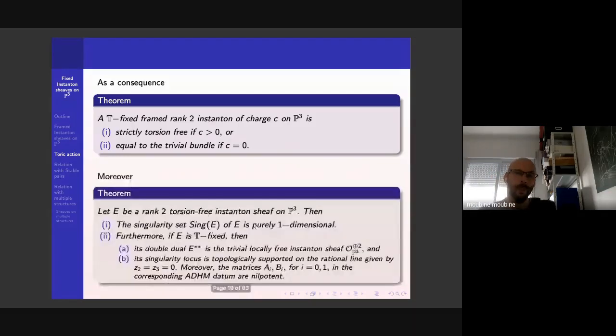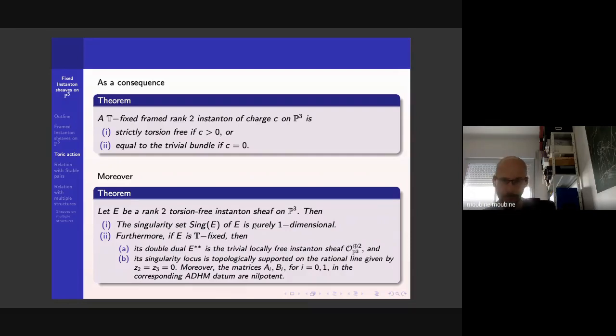And the second consequence is the following: the singularity set of this fixed rank 2 torsion free sheaf is purely one-dimensional, so it's supported on a curve, and moreover the double dual of this sheaf is the trivial sheaf, and the singularity locus is topologically supported on one rational line.